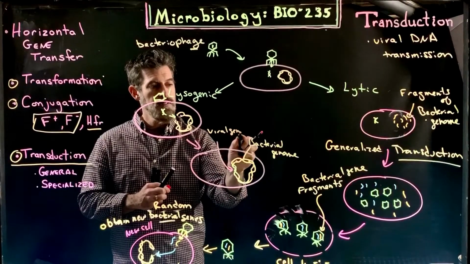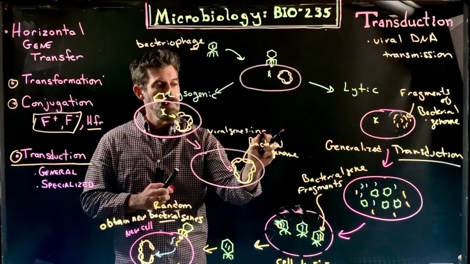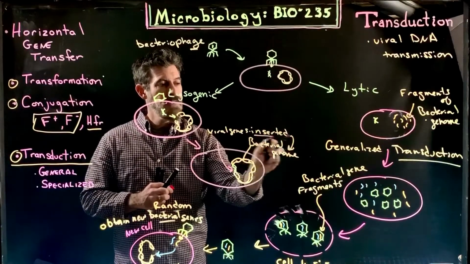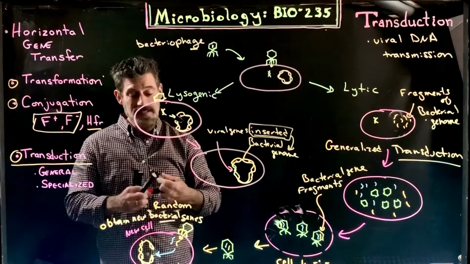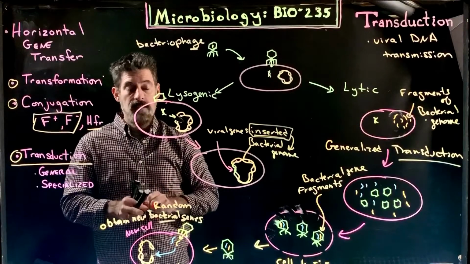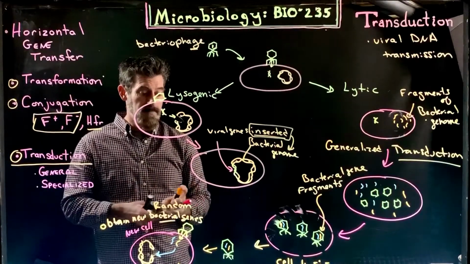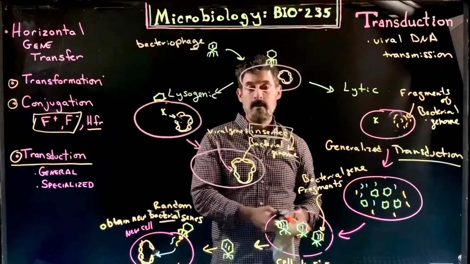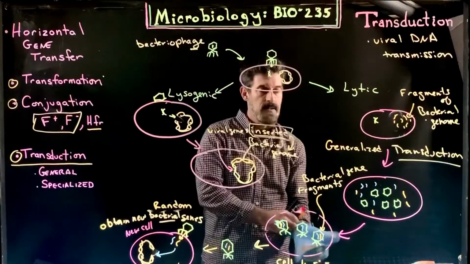Viral genes are inserted, so they're inserted into the bacterial genome. And the thing is, they may hide out there for a very long time. And what is going to happen then is this cell isn't going to be killed. It's not going to lyse like this one down here. So give me a second here. I'll do a little bit of erasing to give us some more space.